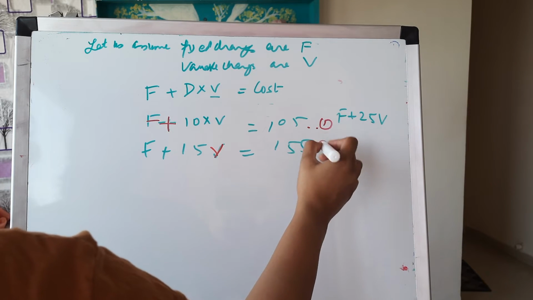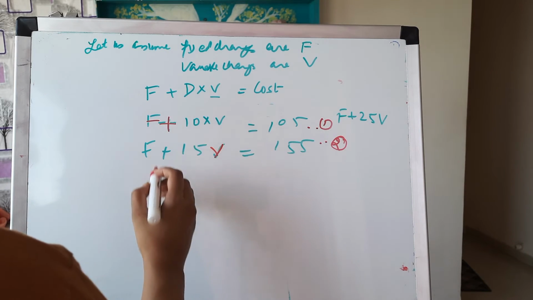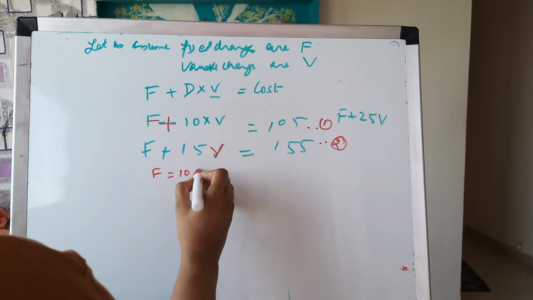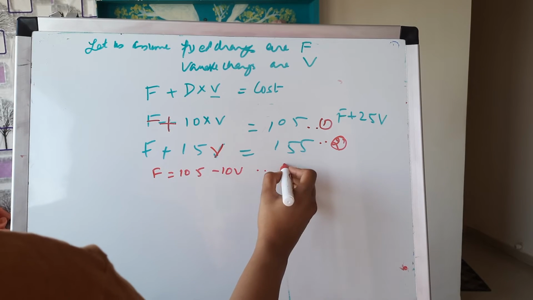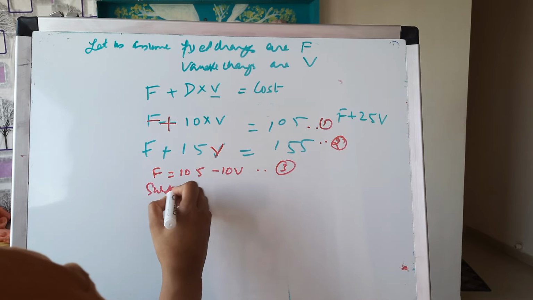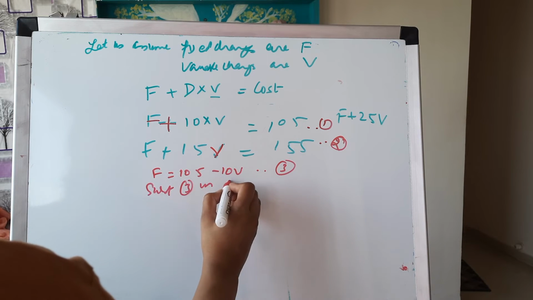So this is the first equation. Second equation, F is equal to 105 minus 10V. Substituting 3 in 2.